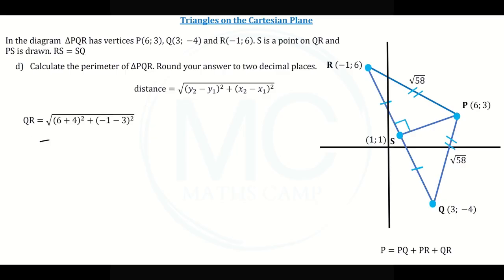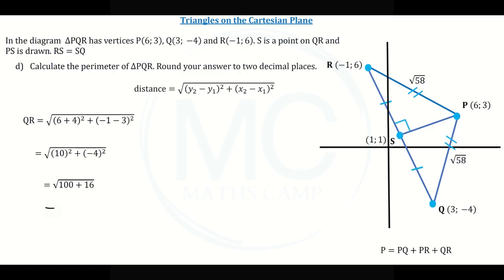Now let's simplify the terms in the brackets. 6 plus 4 is 10, so we get 10 squared plus negative 1 minus 3 is negative 4 squared, all under a square root. 10 squared is 100 plus negative 4 squared is 16 under a square root.